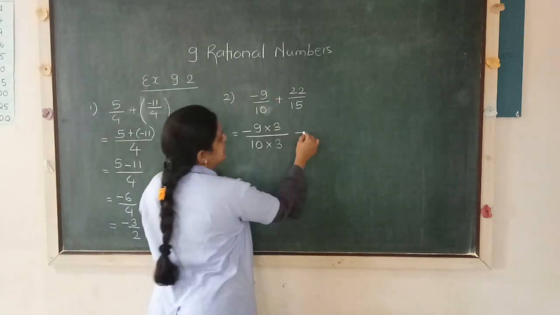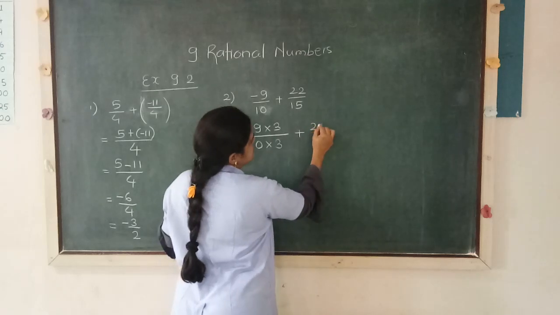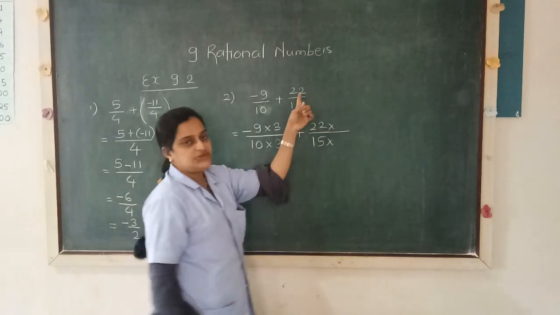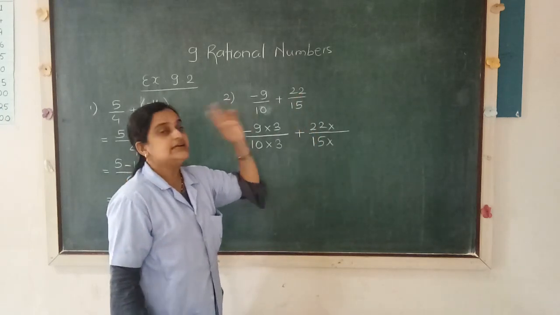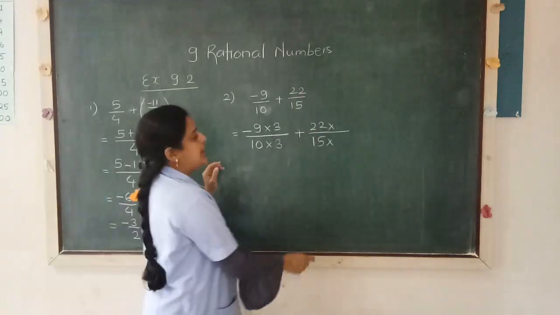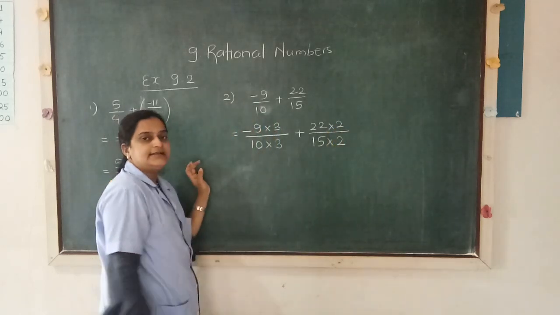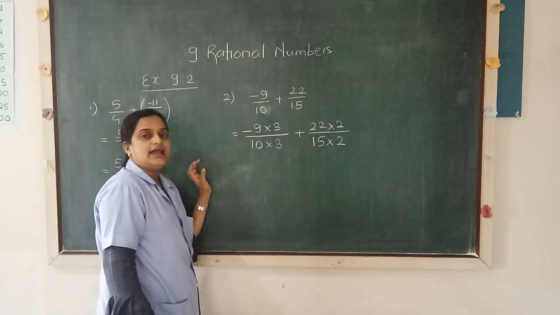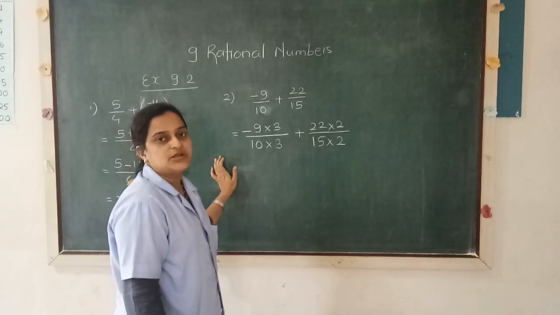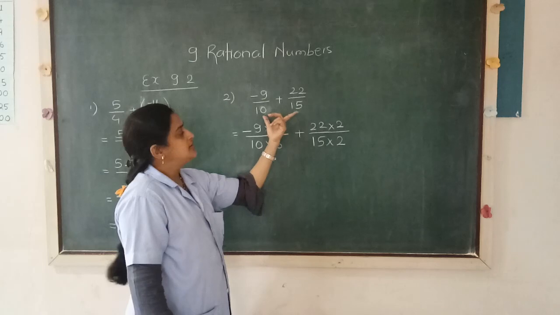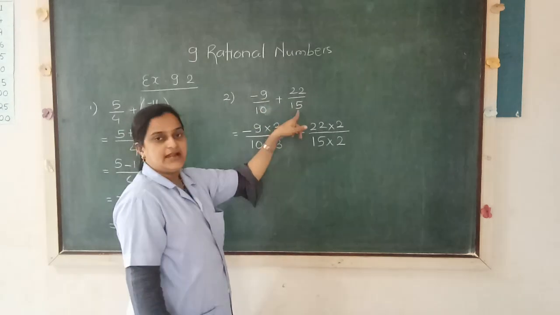Now this middle sign I will write as it is. Write down the second fraction. Now I want its equivalent fraction with denominator 30 again, and so I have to multiply it by 2. 15 twos are 30 and 10 threes are 30. Why have I chosen the number 30? Because it is the nearest number which is divisible by both 10 and 15.